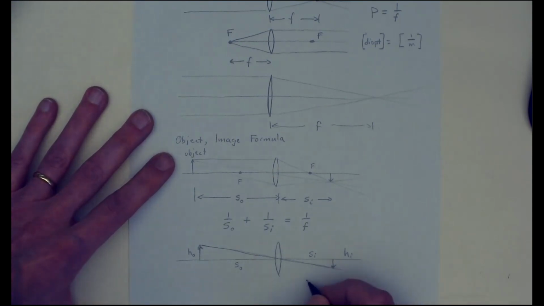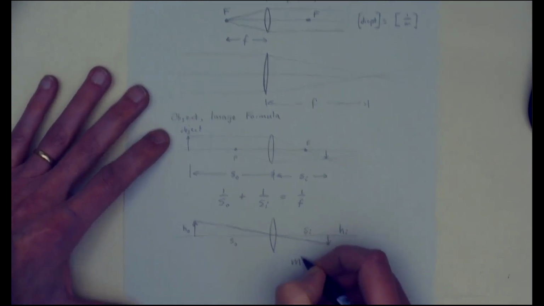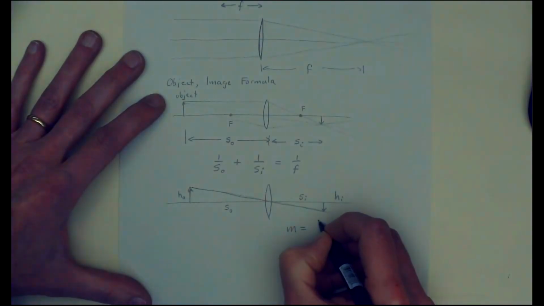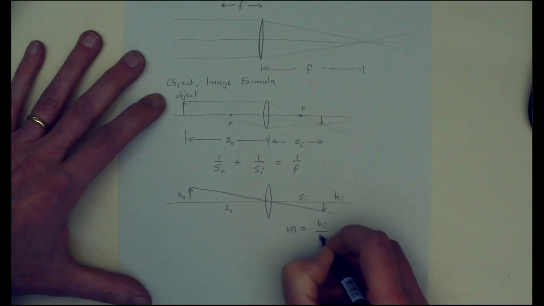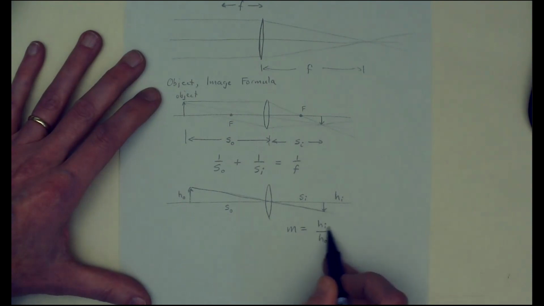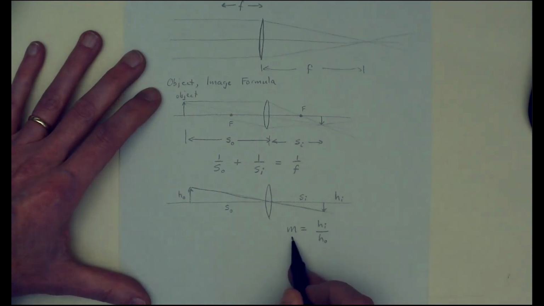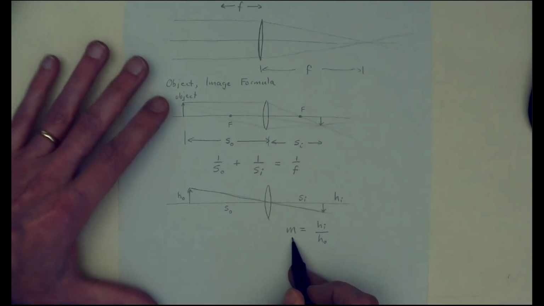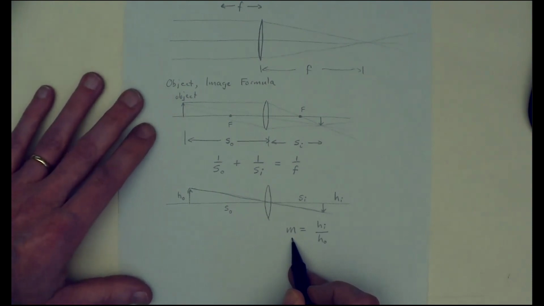We will define the magnification in this case to be the image height divided by the object height. So in this case, since it's upside down and h sub I is negative, the magnification would be negative. That's the way we would expect.